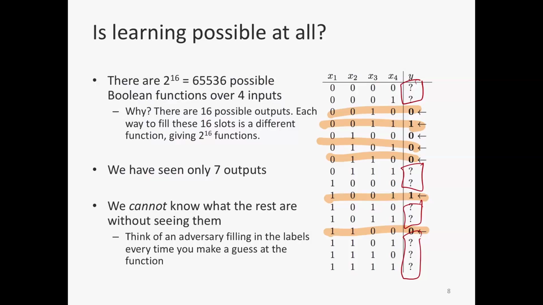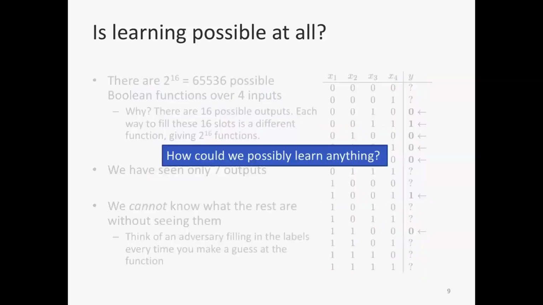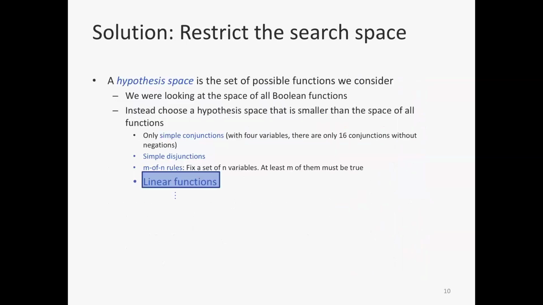So the only way in which we could possibly learn anything is by restricting the hypothesis space, by restricting the set of functions that our learner explores, with the assumption that nature also does not have full freedom to choose whatever function it wants.